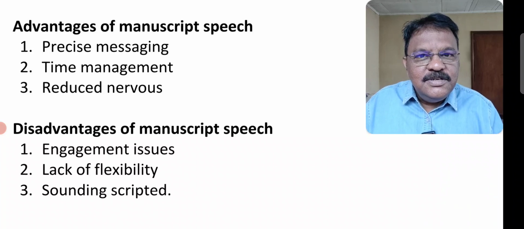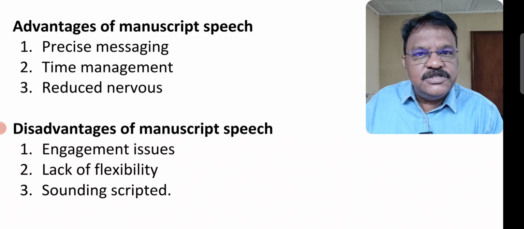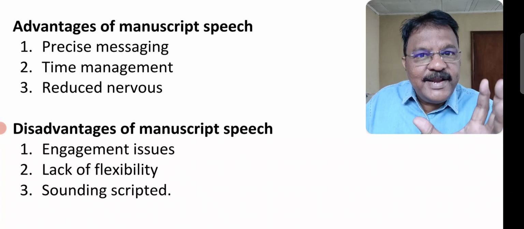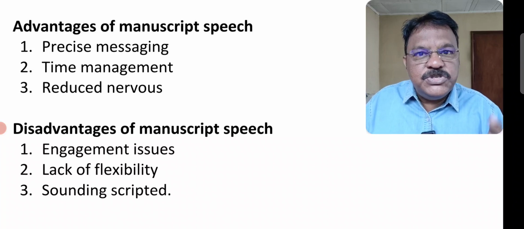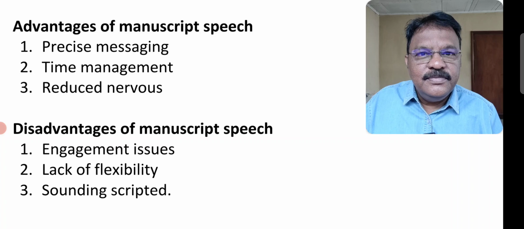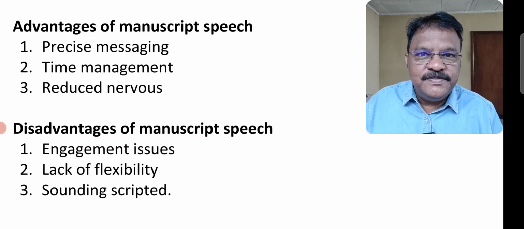So whenever we speak to someone, whether he is a single person or a group of people, we need to look at their faces. We need to face them directly and speak to them so that it will look like we respect them. We look like we want to talk to them. We look like we respect their feelings.